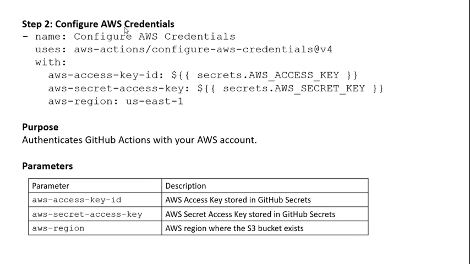Step 2 is to configure the AWS credentials. - name: Configure AWS credentials, uses: aws-actions/configure-aws-credentials@v4, with: aws-access-key-id: ${{ secrets.AWS_ACCESS_KEY_ID }}, in capital letters, aws-secret-access-key: ${{ secrets.AWS_SECRET_ACCESS_KEY }}, aws-region: us-east-1.